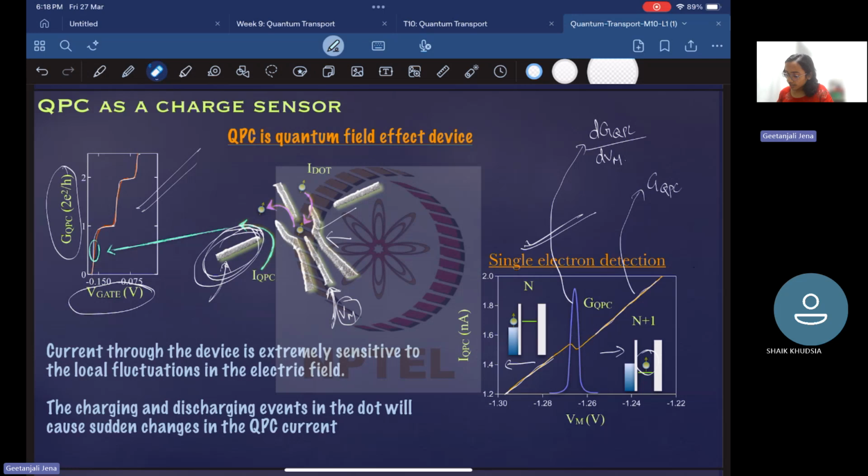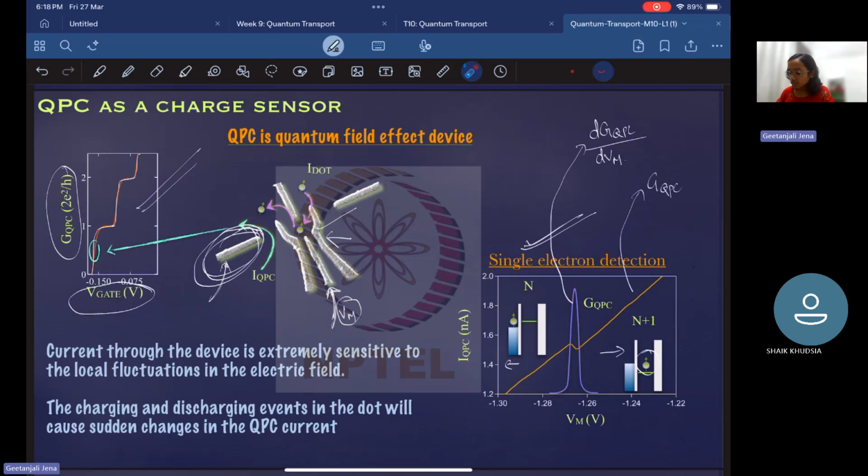For this orange curve, if you calculate the variation of the conductance, around this bump region you can see the conductance is changing rapidly. So if you plot the derivative of it, it will have a sharp peak around this transition point.